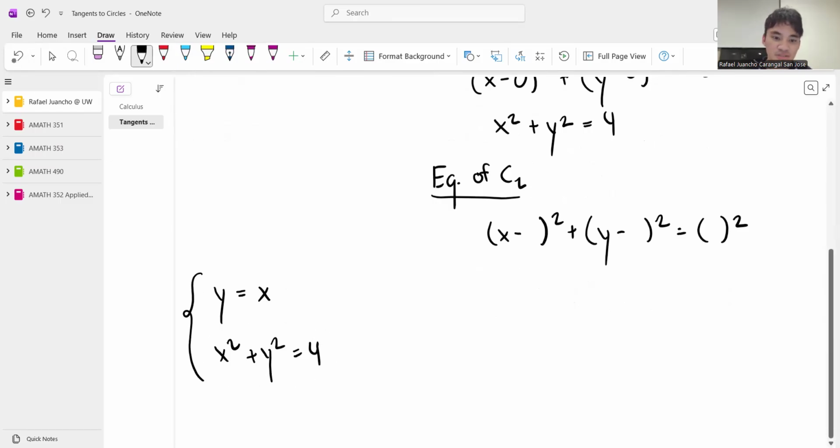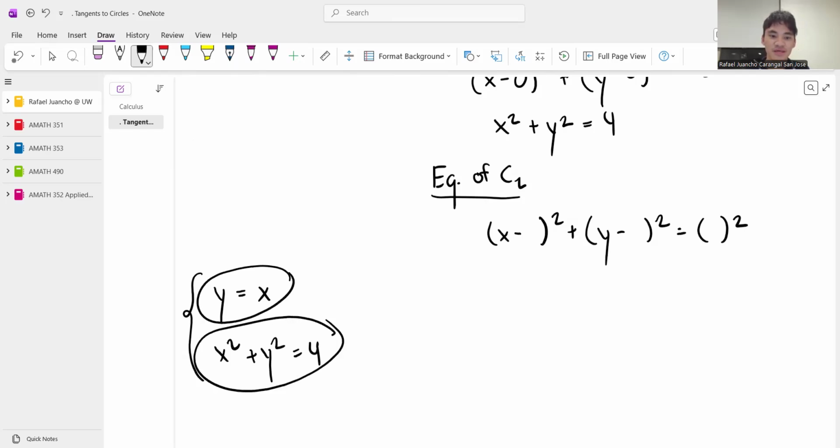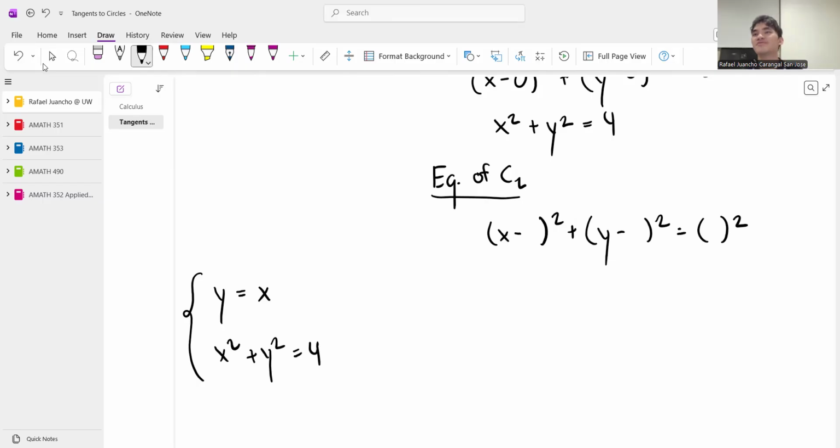So we're going to solve it, because we have two equations and two unknowns. If we want to find two unknowns, we need two equations. If we want to find one unknown, we need a single equation. If we want to find 5 unknowns, we need 5 equations. So you see the pattern? The number of unknowns that we have is how many equations we need.